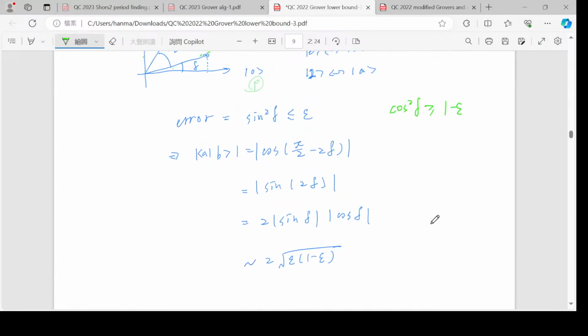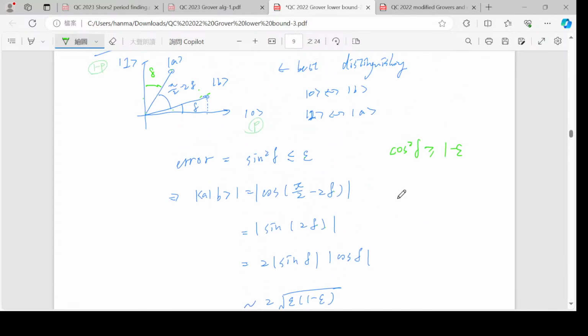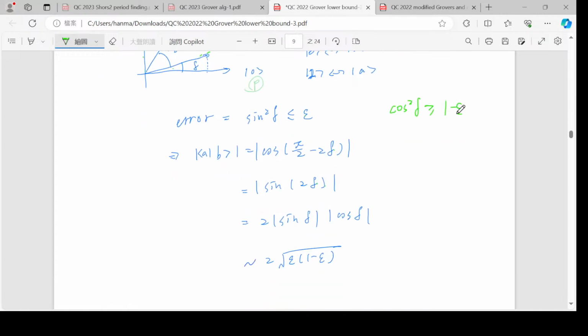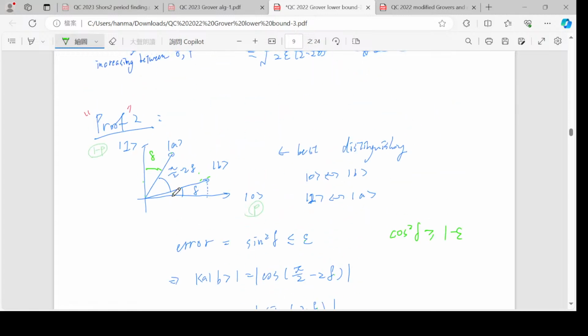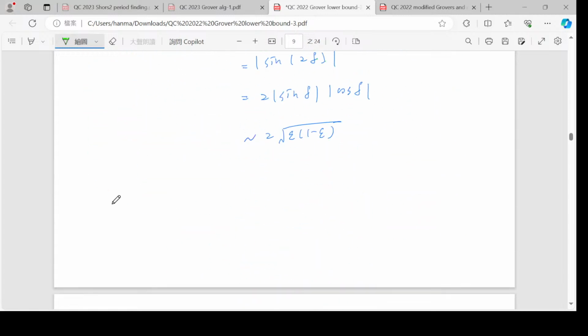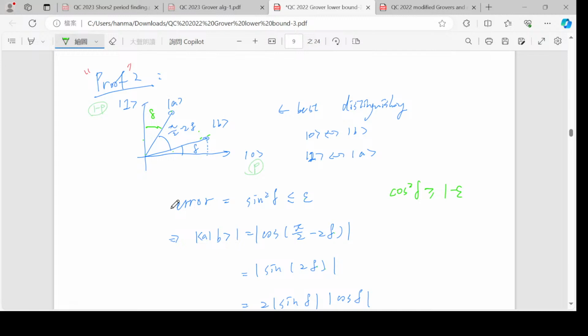But here we are lazy, so we just say sine delta is about square root epsilon, and cosine delta is about square root 1 minus epsilon, so this whole thing is 2 square root of epsilon times 1 minus epsilon.